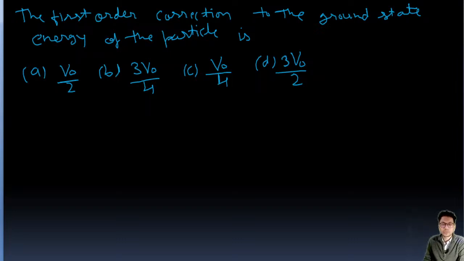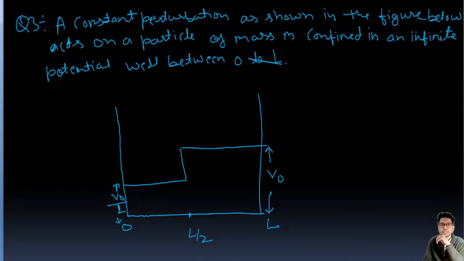Okay, so question is a constant perturbation as shown in the figure below acts on a particle of mass m confined in an infinite potential well between 0 to L, and this is the figure given, right?